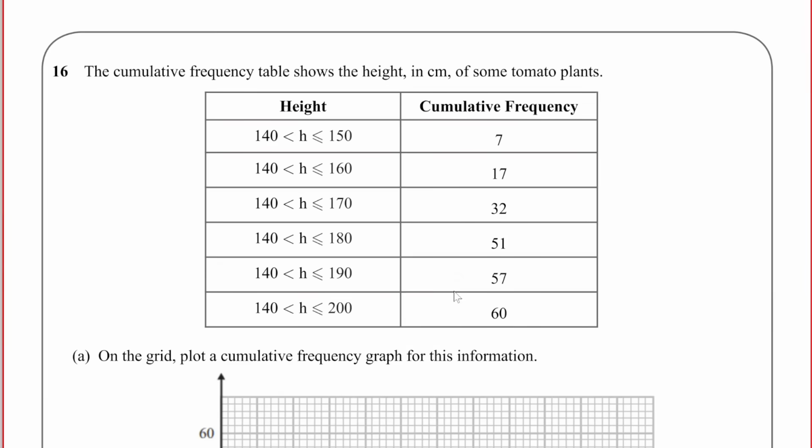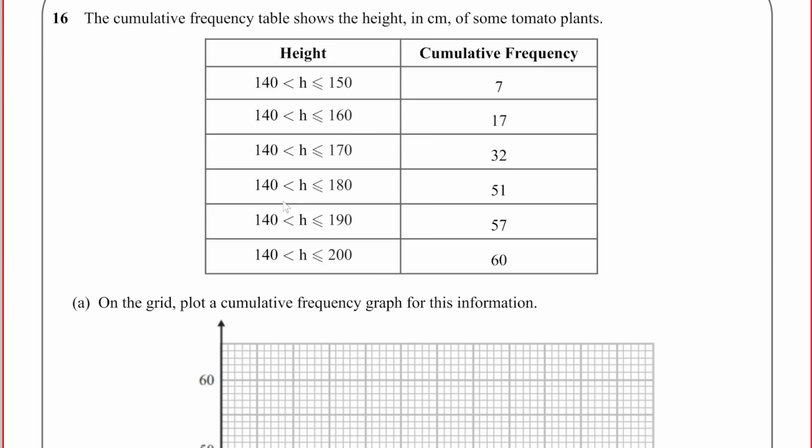Cumulative frequency. So we've got the cumulative frequency table done for us in this question. So cumulative frequency is one where we add up as we go. So everything up to 150 is 7, up to 160 is 17, up to 170 is 32.